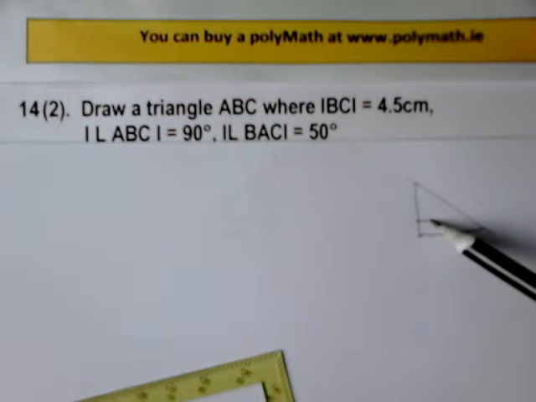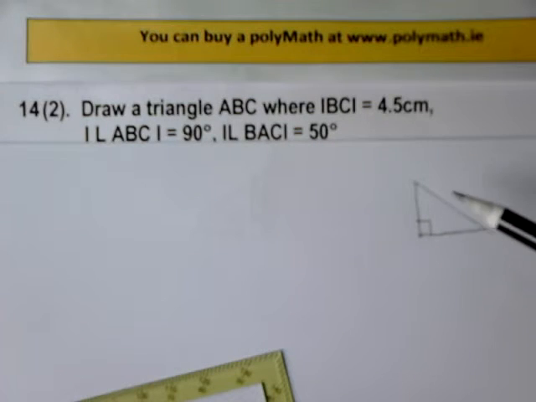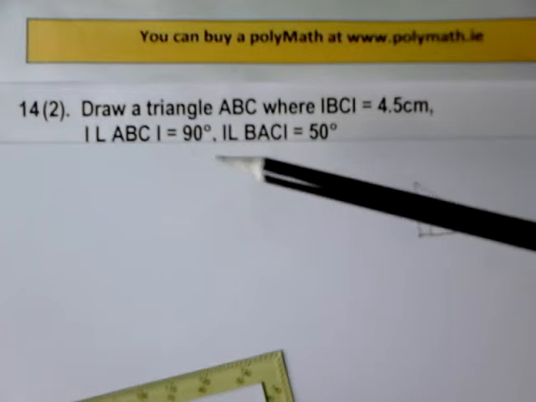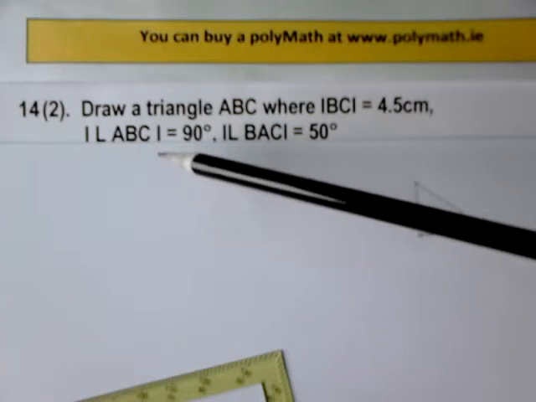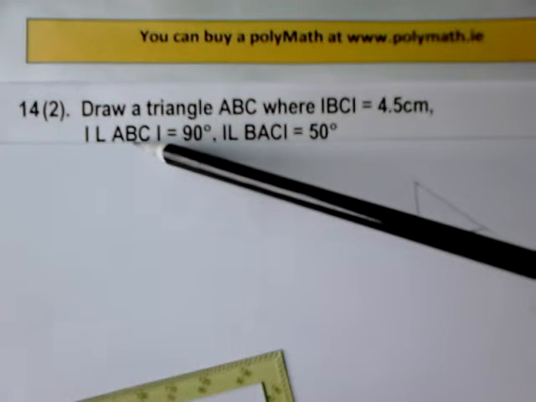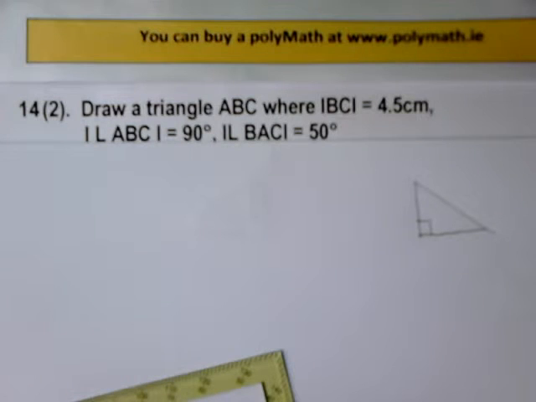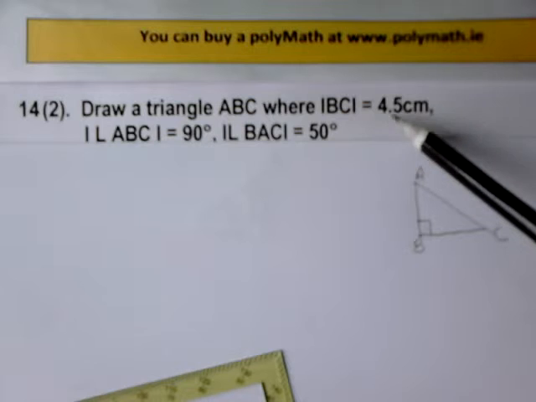I'll make this look roughly like a right angle. So the right angle is the angle ABC, so that means that it's at B, the middle letter. So if that's the right angle, this will have to be B. I'll call this point A and this point here C. Now I'll put in the other information.